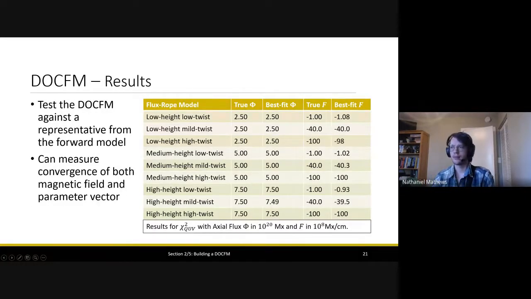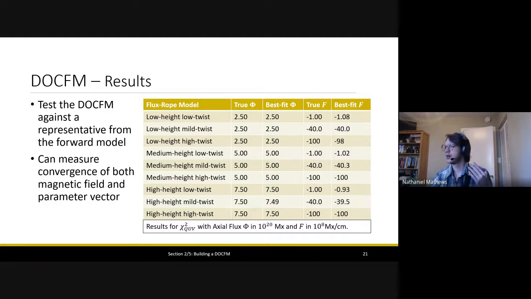We did this, like I said, from a representative of the forward model. That allows us to measure both the magnetic field error and the parameter space error.